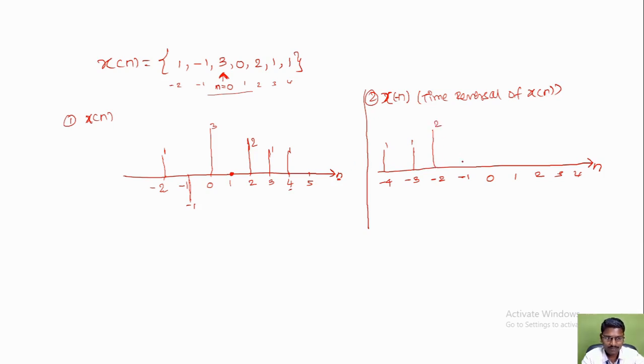Next for 1, if it is shifted there, it will be at -1, so for this it will be 1. For 0 it will be 3.